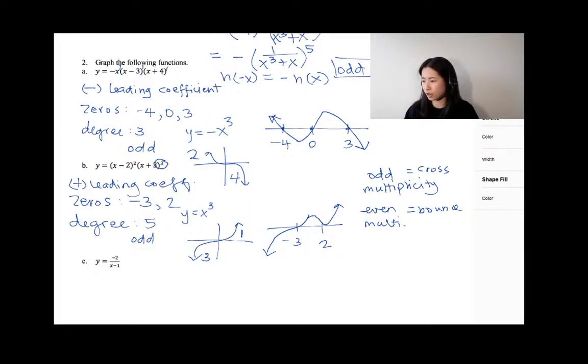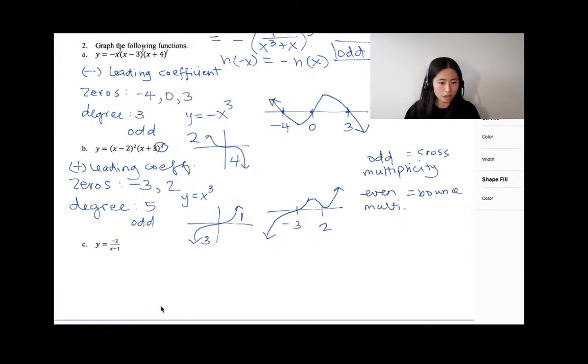So let's move on to question C. Okay, we can see that this is a rational function, right? So if it's a rational function, you're going to have a numerator and a denominator, right? Respectively, you have x minus 1. If it's a rational function, you need to determine whether it has asymptotes, because we know that rational functions have asymptotes.